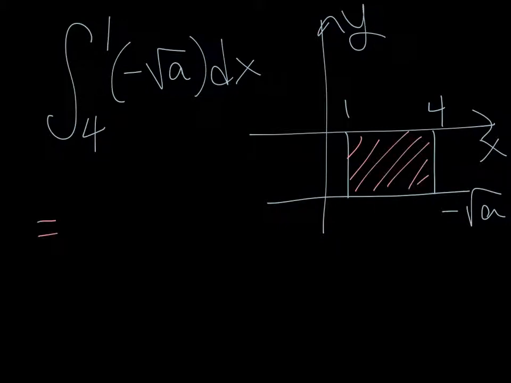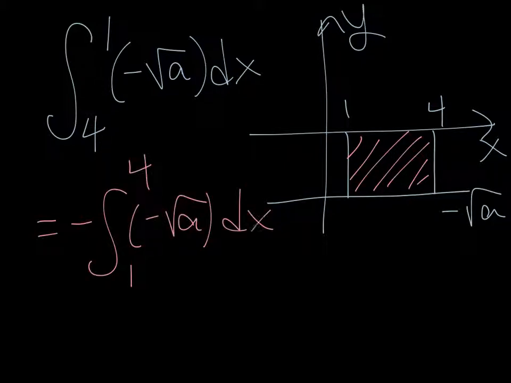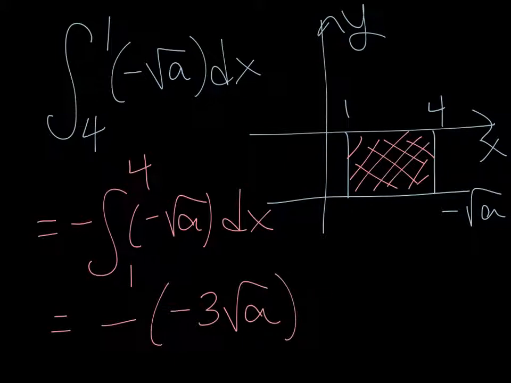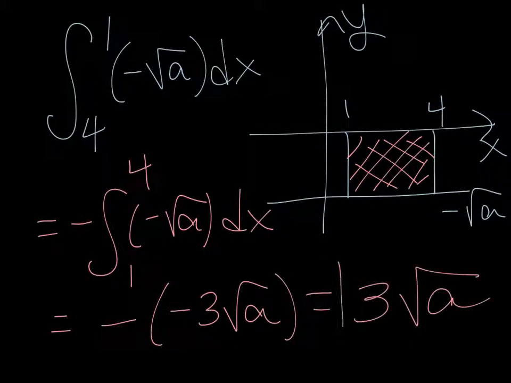So first of all, this is negative integral from 1 to 4 of negative square root of a dx, which is negative, and then because it's below the x-axis, the area is negative base times height, negative 3 square root of a, and 2 negatives make a positive, so this integral becomes 3 times the square root of a.